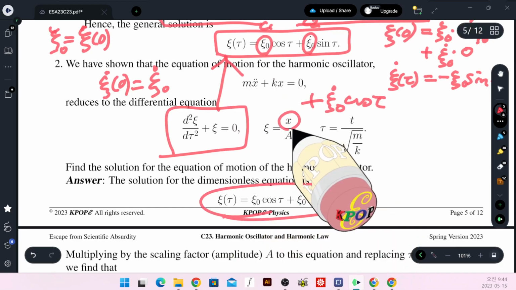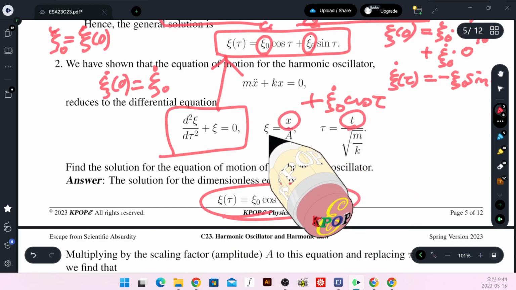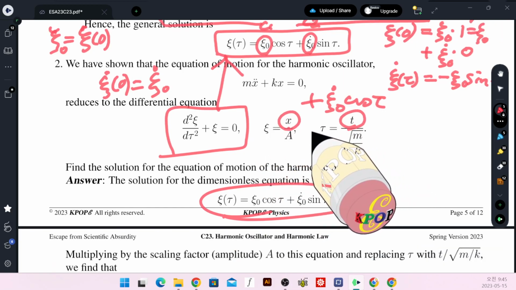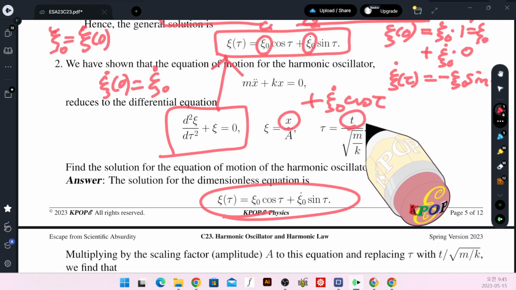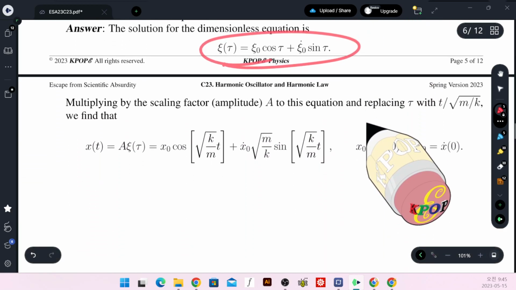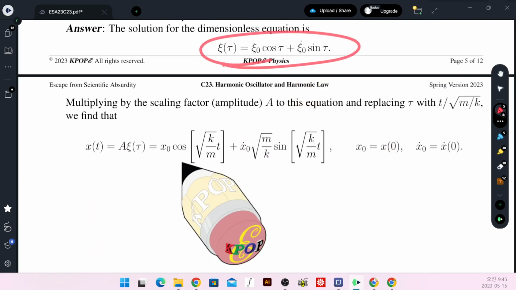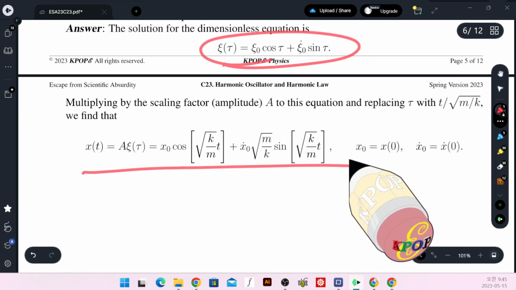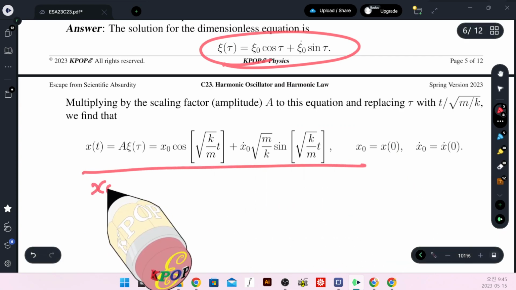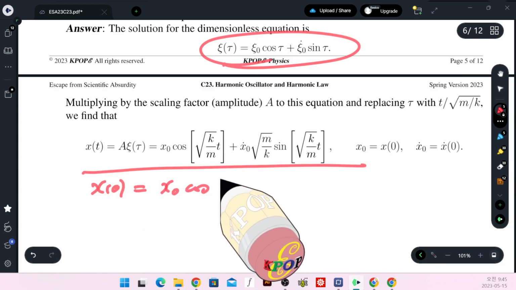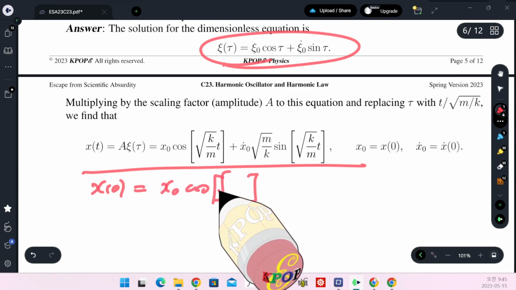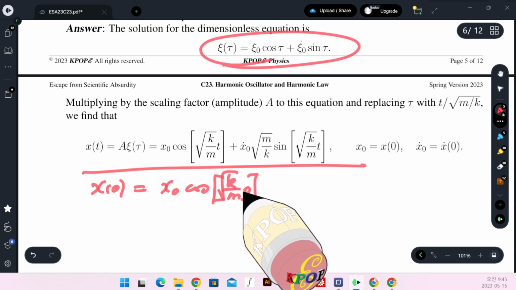However, now we convert C and tau in terms of the physical variables x and time t. So the result is this. Let's substitute 0: x0 cosine square root of k over m times 0.